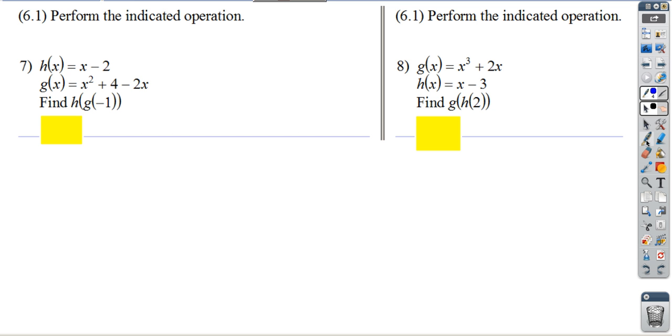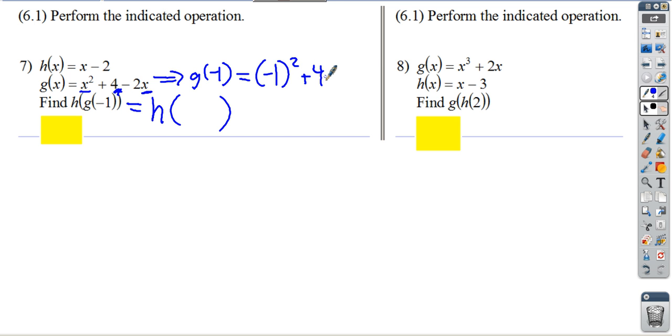Alright, number 7 and 8. This is a little bit easier. It's the same as what we just did, but now we need to find what g of negative 1 is. So let's do that right here. G of negative 1 means that wherever I see an x, I need to plug in negative 1, and then I'm going to take that number and use it in the other function.